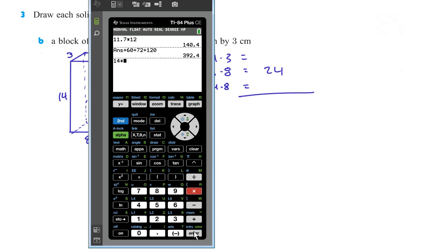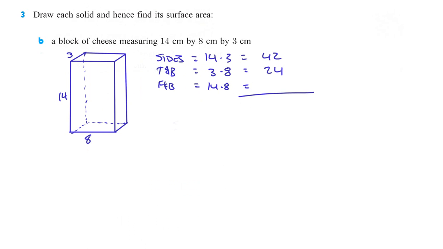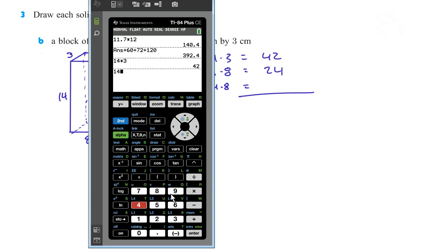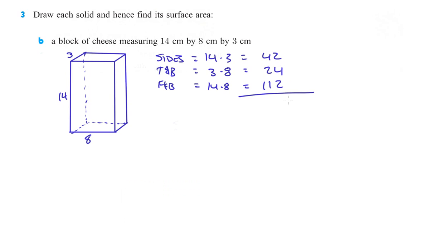14 times 3 is 42. And then 14 times 8 is 112. So we add those all up. We get 178. But again, that's just half of it, right? Because that's the front, top, and side.